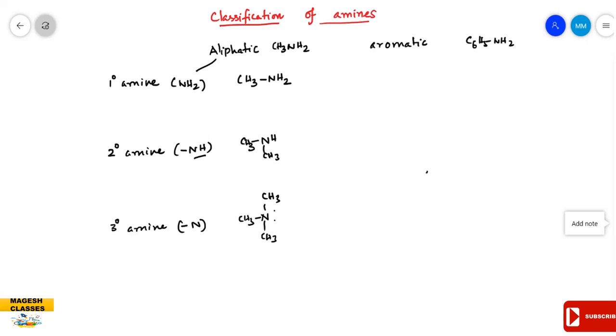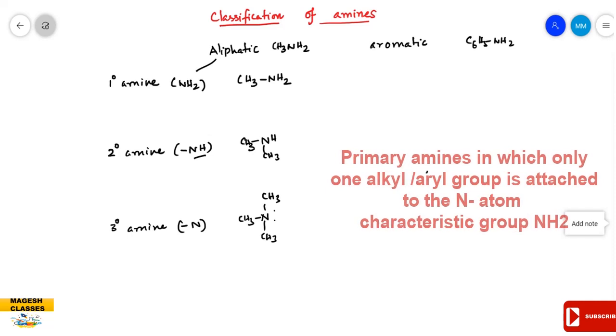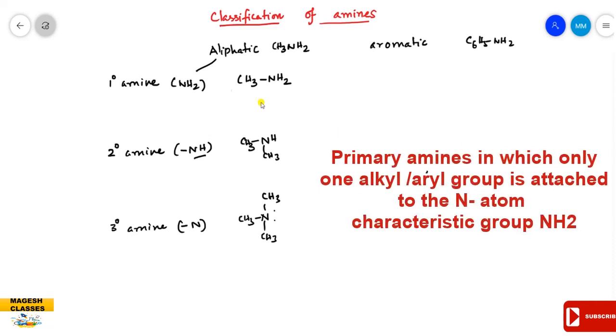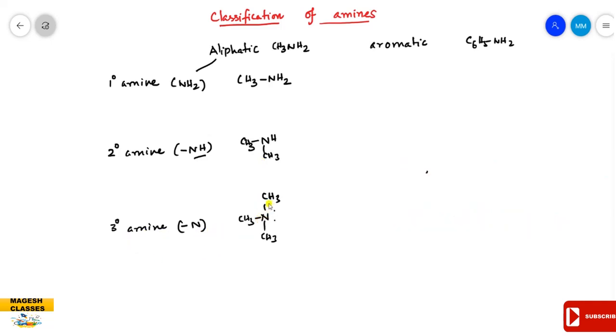So this is the basic classification. Primary amine has only one alkyl group attached; secondary amine has two alkyl groups attached to the nitrogen; tertiary amines have the nitrogen connected to three alkyl groups.